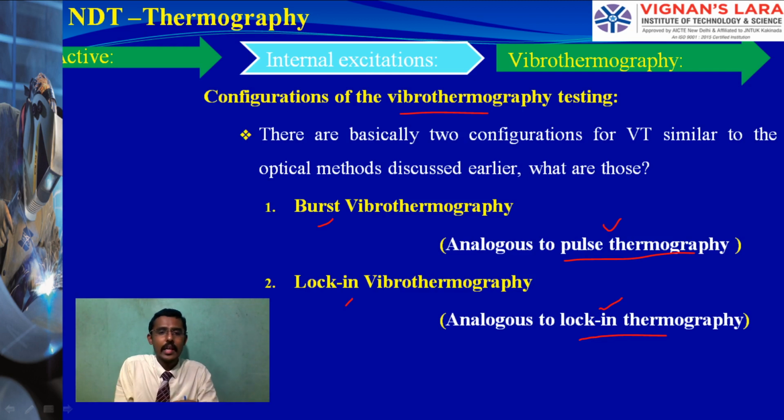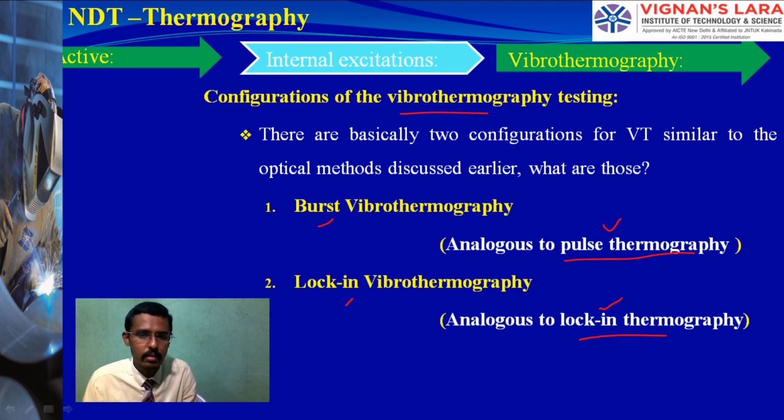So now we can understand there are three heat source methods: halogen, flash lamp, and this vibration method. But at the end, the output is taken only by the common method of the infrared camera. So the heat detection method is common, but the heat generation method is different.